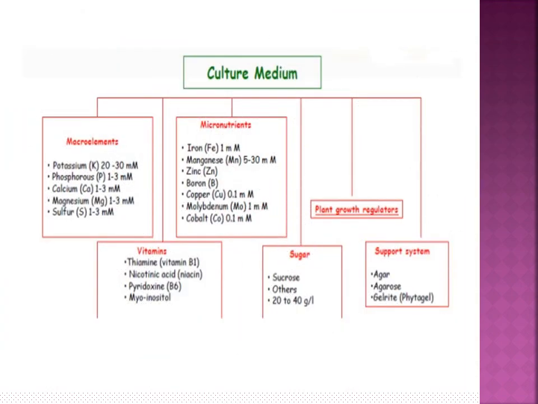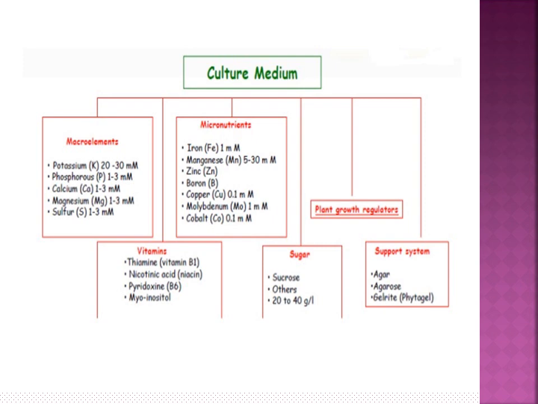Now coming to the culture medium, what are the components of the culture medium? It will have macro elements, micronutrients, plant growth regulators, vitamins, sugar and a support system. Macro elements means these elements are present in a larger quantity, whereas micronutrients are present in very small quantities.